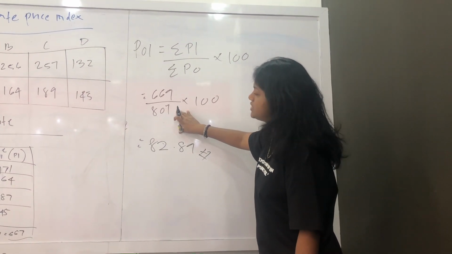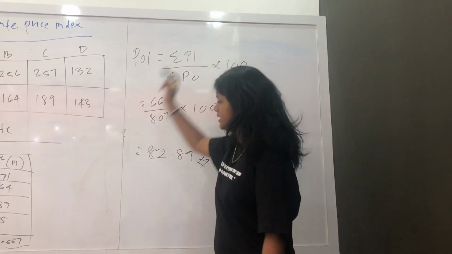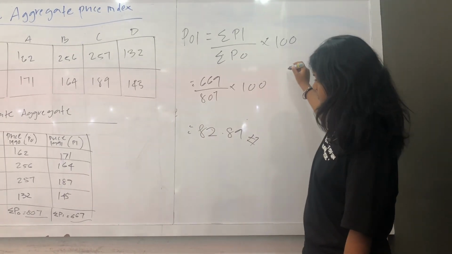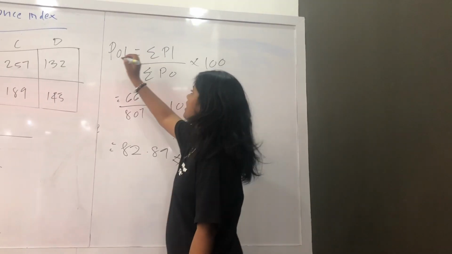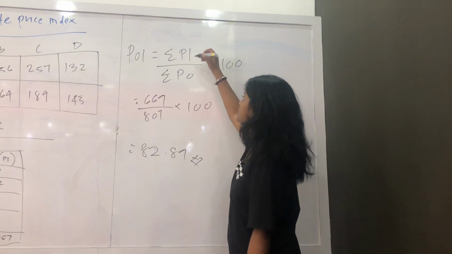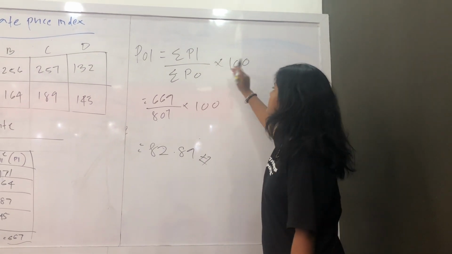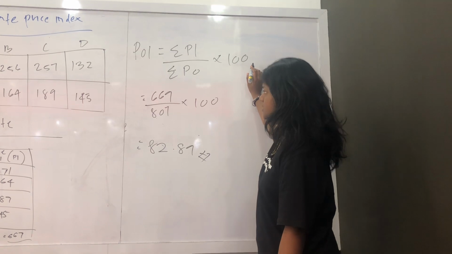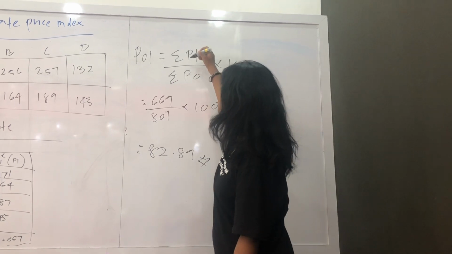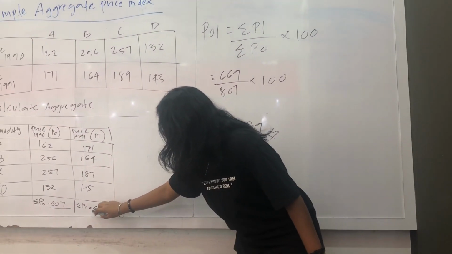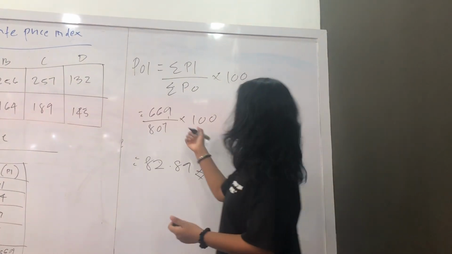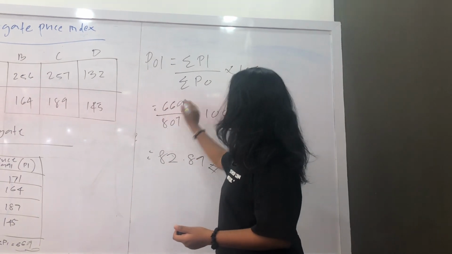So the calculation of the simple aggregate: the first one is summation of P1.